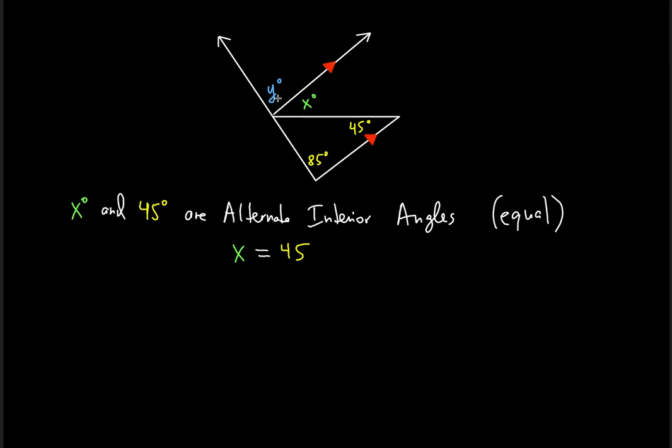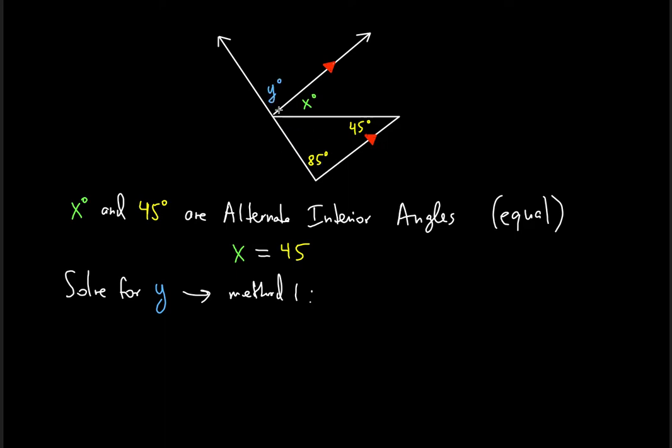Now what about the y? There are two ways to solve this. So, solve for y. What is the first method? Method 1 is to use the fact that y is a corresponding angle with the 85. Because these two are parallel, y and 85 are the matching corners.